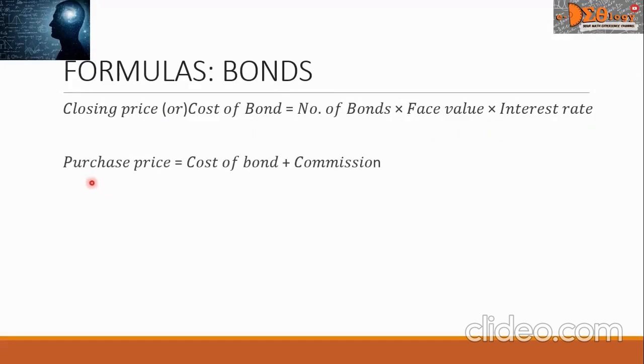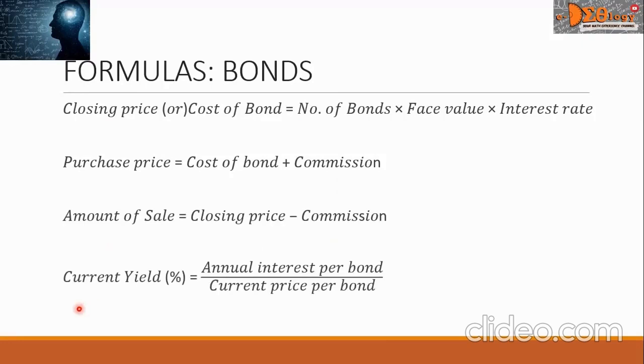Next is the purchase price. This is equal to the cost of bond plus commission. Another formula is the amount of sale. This is equal to closing price minus commission.